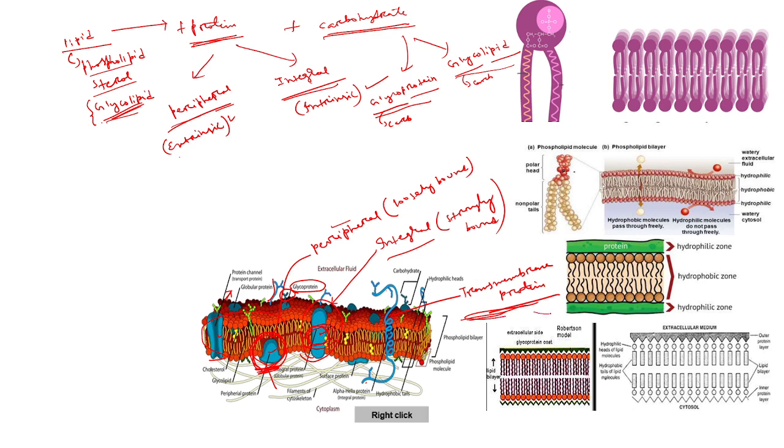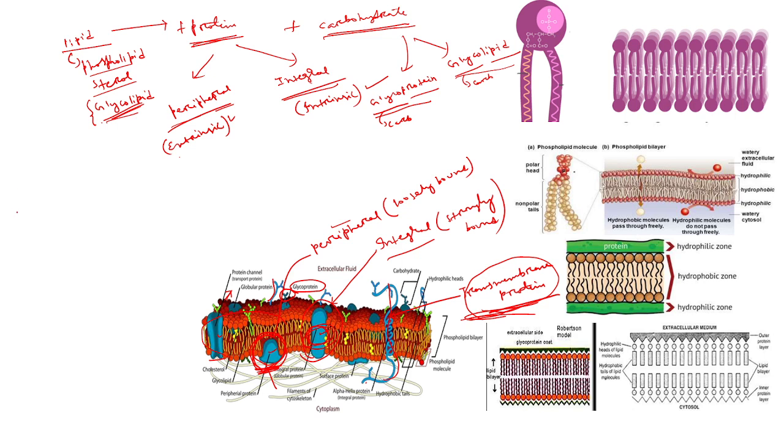Another is the transmembrane, which is buried through the whole plasma membrane structure. Another is the carbohydrate. Carbohydrate is present only at the outer side by binding with the lipid and the protein. If it is bound to the protein, it is called the glycoprotein. If it is bound to the lipid, it is called the glycolipid. So this is all about the plasma membrane structure.